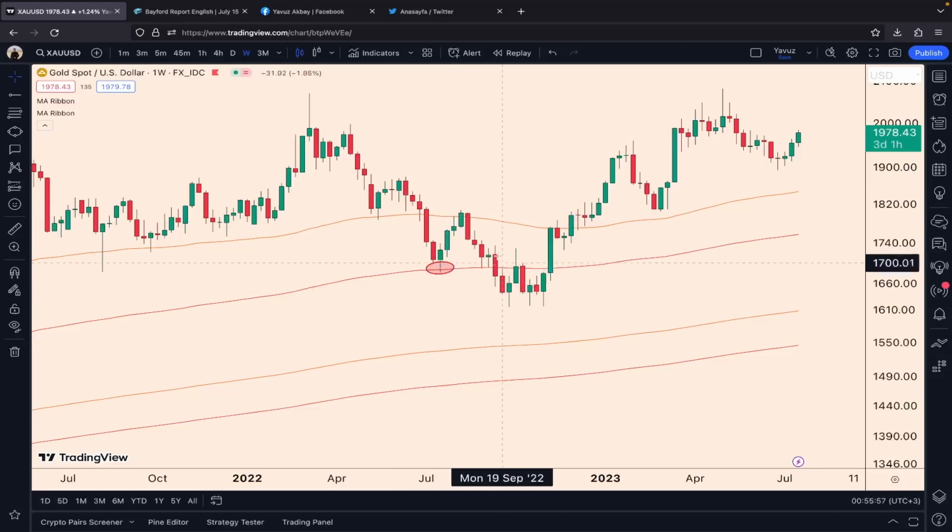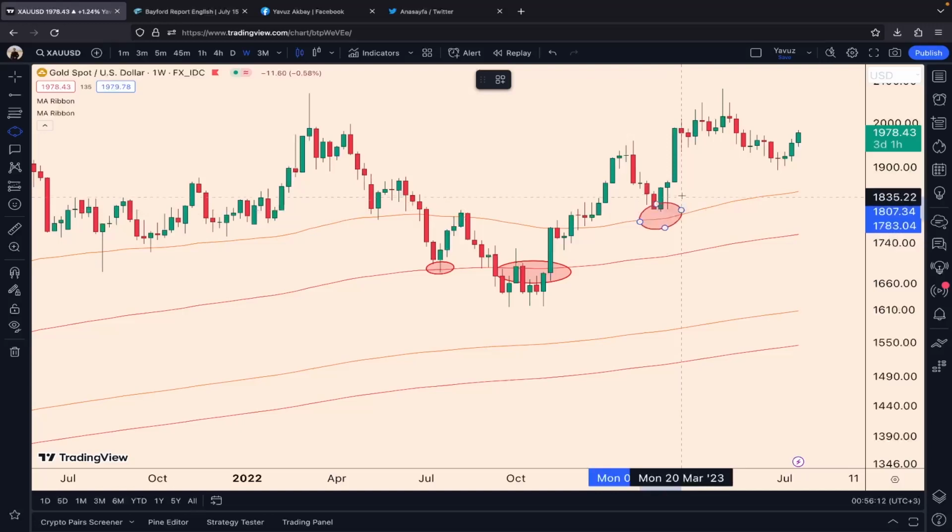Then when it dropped, fell down here, you again could have bought. Then you could have sold here. When it went up and did a pullback here, again same thing. EMA was so important. Here you could have bought.